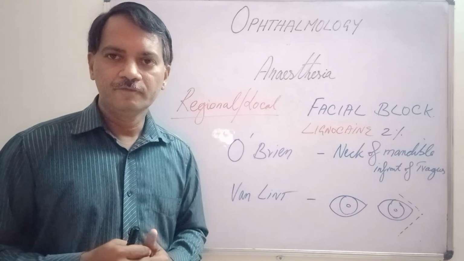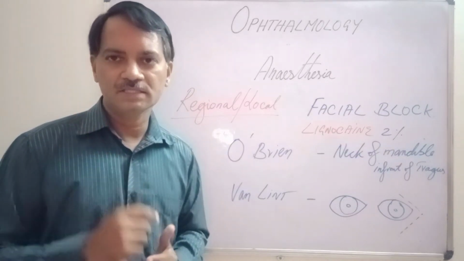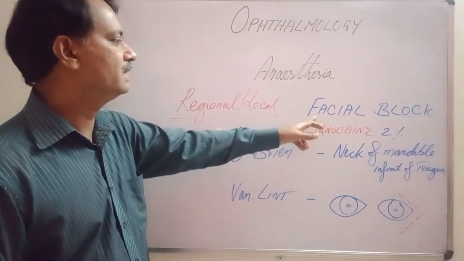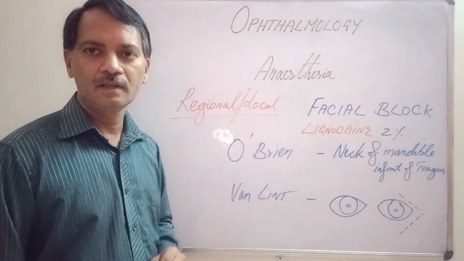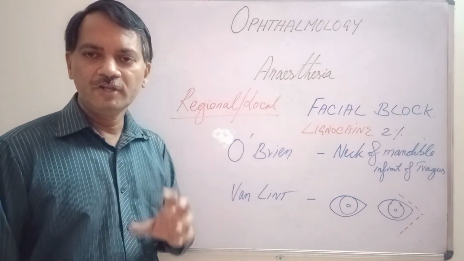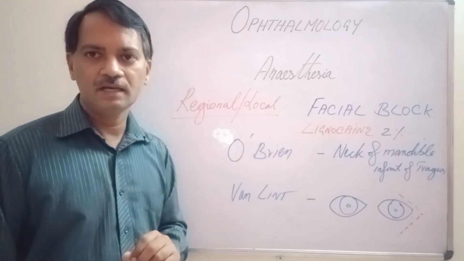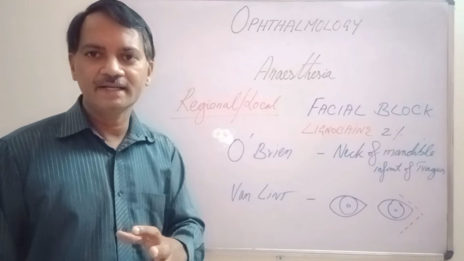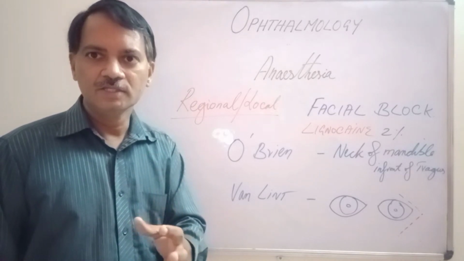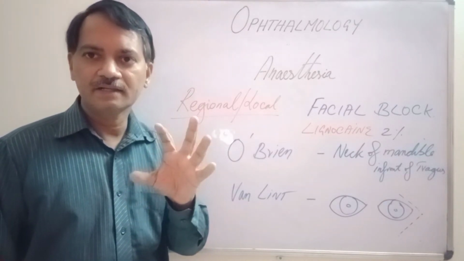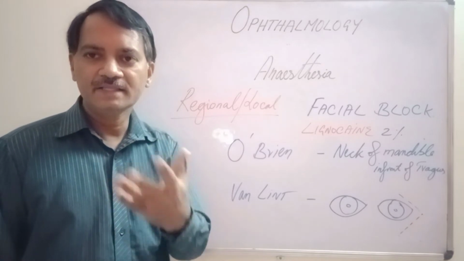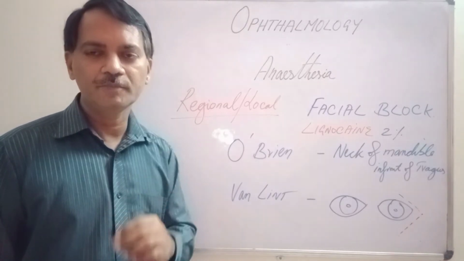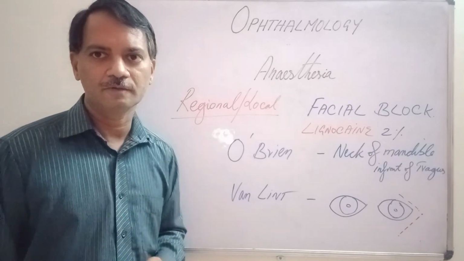Whenever we want to give a retrobulbar anesthesia, we also want to give a facial nerve block. Because when you give a retrobulbar anesthesia, the orbicularis oculi muscle does not get anesthetized. It will constrict and make the surgery difficult. You want to anesthetize this orbicularis oculi muscle also.